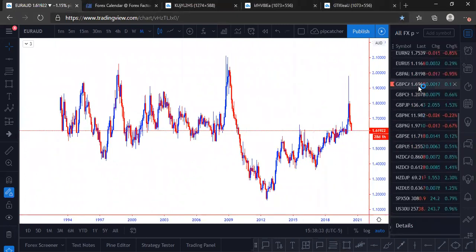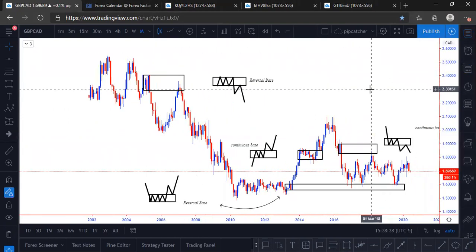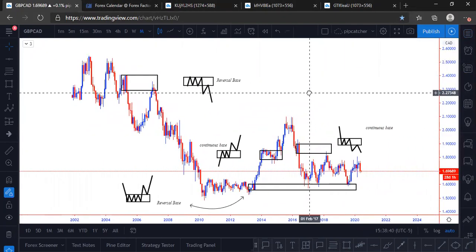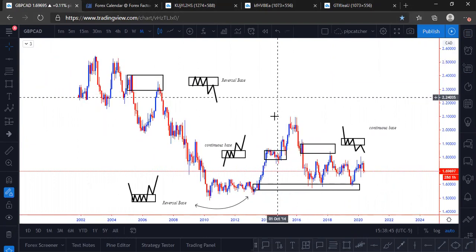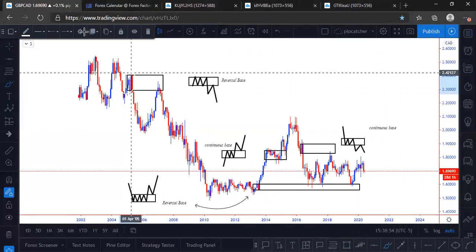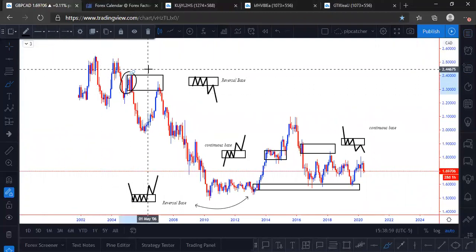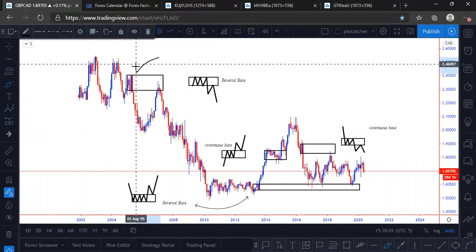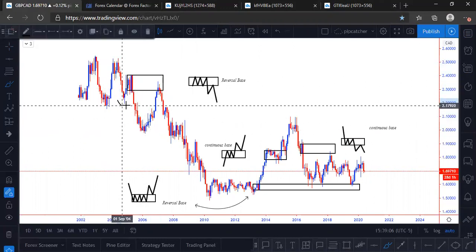I have some drawn out already on a couple pairs. So for GBP CAD, we're not going to go deep into these just because I have them drawn out already for you. But we can see, right up here, we have this area right here where the market had traded down.